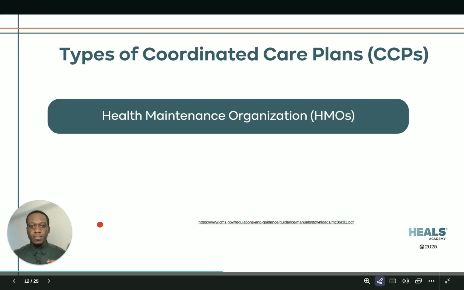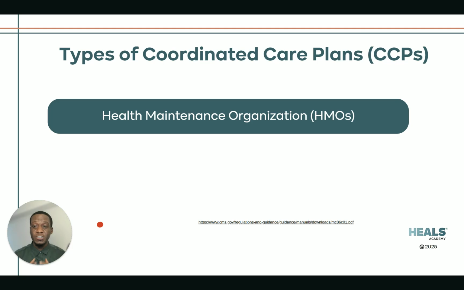There are types of CCPs, which are coordinated care plans, and we discussed what CCPs are last week. If you haven't watched the videos, I encourage you to watch them. CCPs come in different types, and there is the HMO, which is mostly a very restrictive form of the CCPs. It has a gatekeeper, and before you can go, you need a gatekeeper, which mostly is the PCP, the primary care physician.